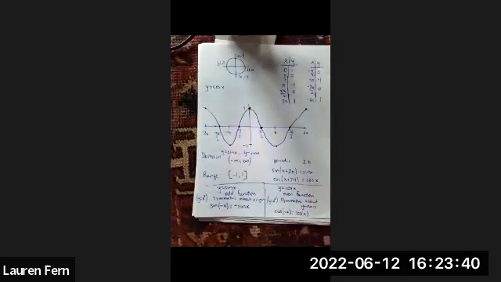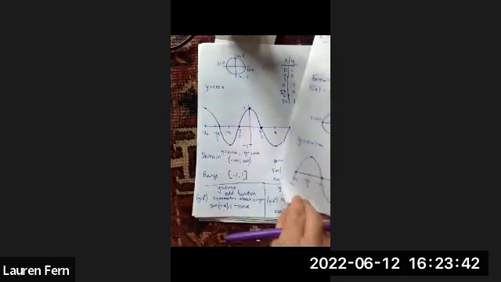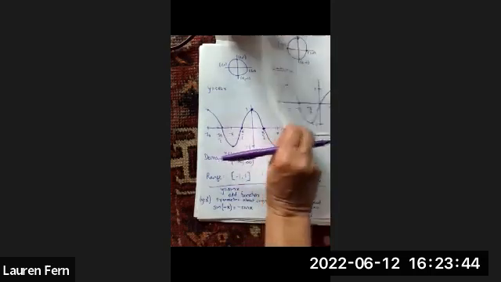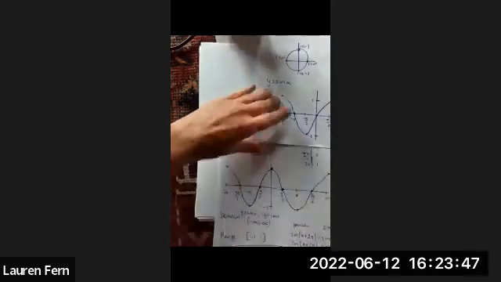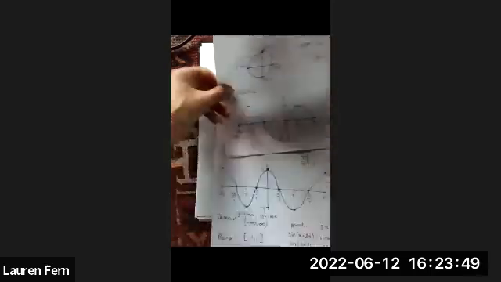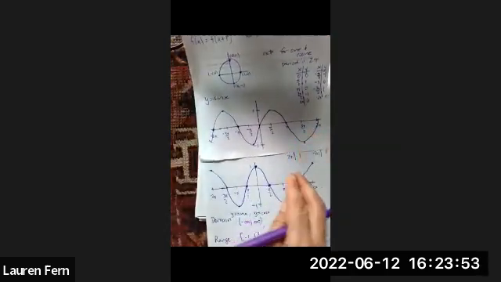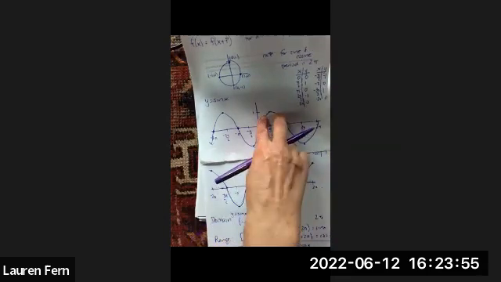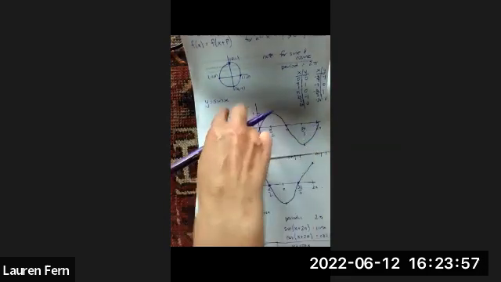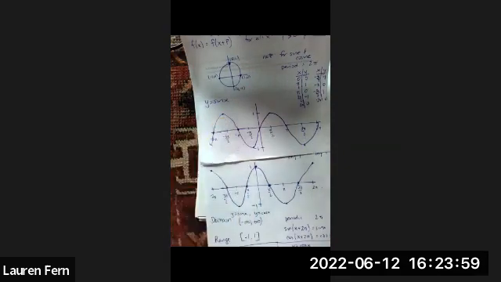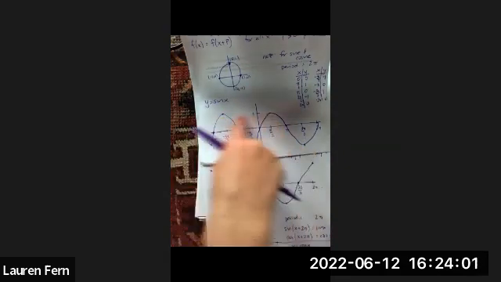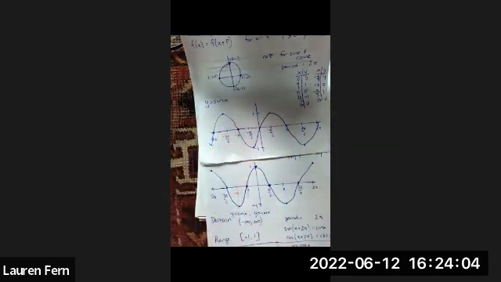Now, the one last property that I would like to mention is if you look at these two graphs side by side or one on top of the other, as the case may be, you can note that if we took our sine graph and we shifted it to the left pi over 2, okay, we would have our cosine graph.